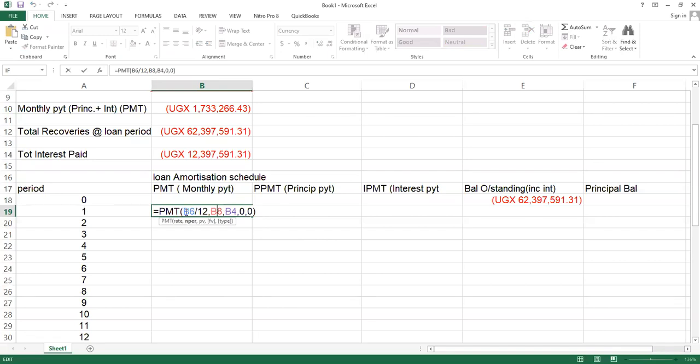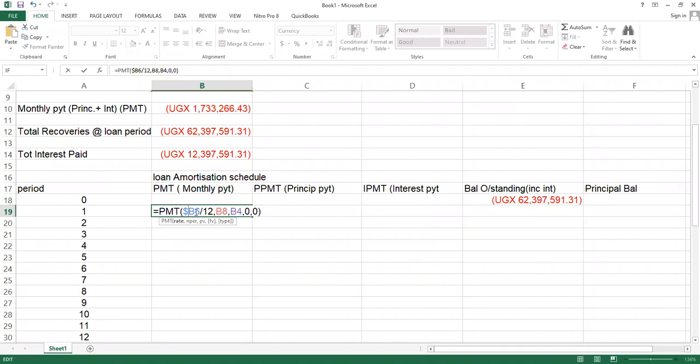So that means if I come here and press my cursor there where the rate begins from, for me to lock, I will use the dollar sign. If you have your computer, the dollar sign is on top of 4. So I will press shift, dollar sign.